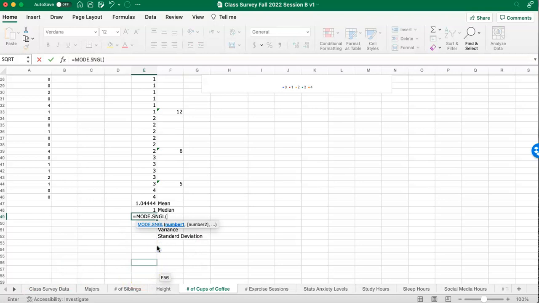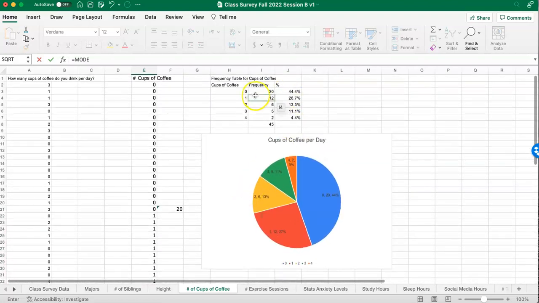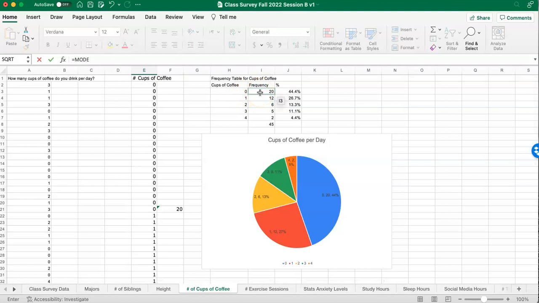Equal mode, and there's only one mode. Remember, we already figured that out. So we're going to do the mode dot single. Let me show that again. Multi-mode is if there is more than one mode in this particular variable. For cups of coffee, there was only one mode, and remember the mode was 0 cups of coffee, where 20 students drink 0 cups of coffee.